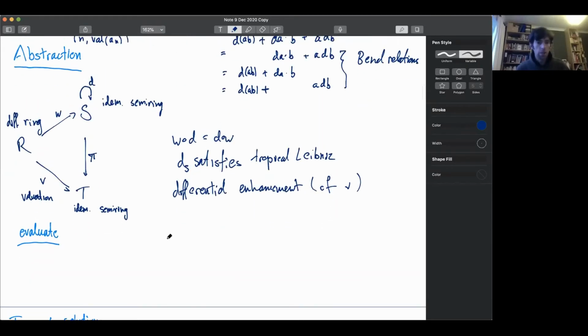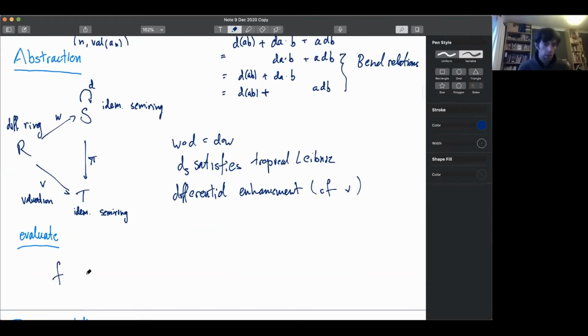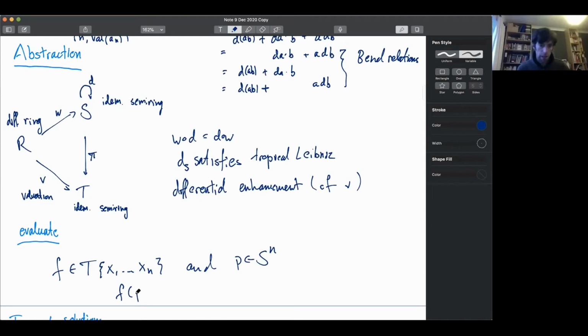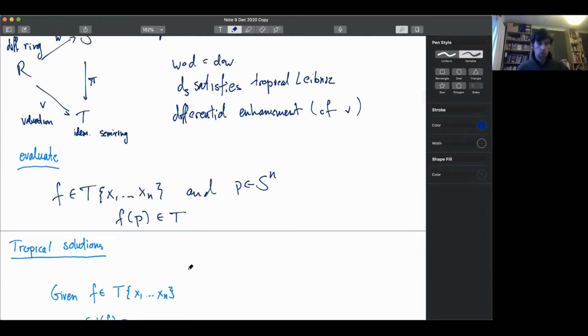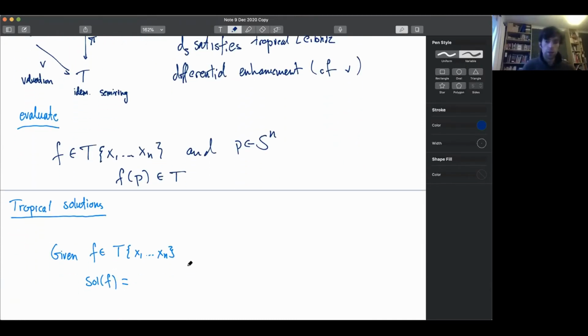And now we can do the same sort of evaluation given F in the differential polynomials over the downstairs semi-ring T, and P in S to the N. I can evaluate F at P and get an element of T. Okay, now we're going to talk about what it means to be a tropical solution.